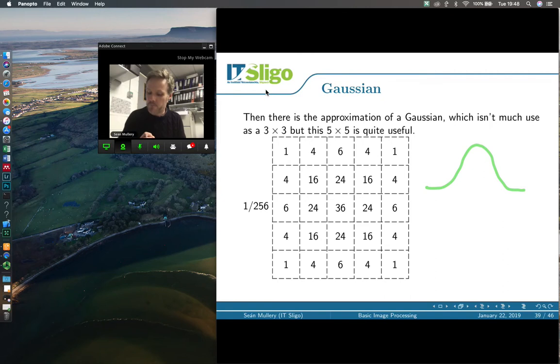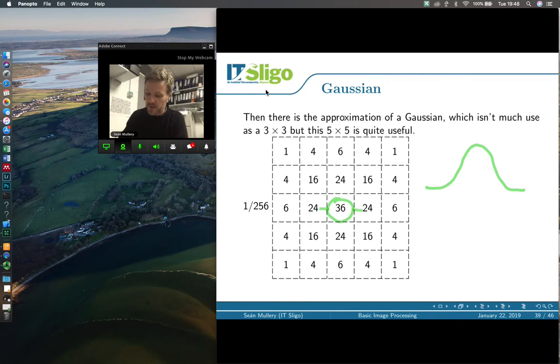Okay, so that's not to say a Gaussian, despite the fact that it shows up in the real world all of the time, is anything more than a very simplified model of the real world. This is a simplified approximation of a Gaussian, so therefore it's not the same as the mathematical model, and also not the same as the real world. But it's pretty good. And so what this will do is it'll take much more precedence or priority for the central pixel.